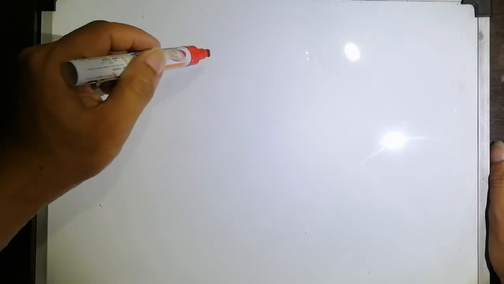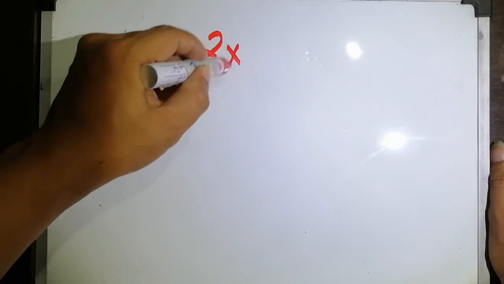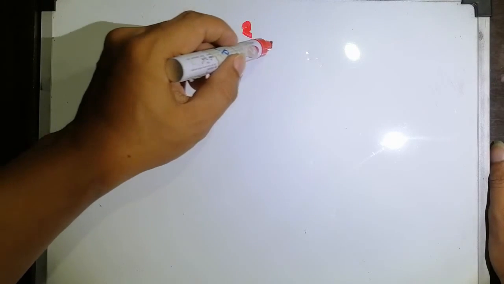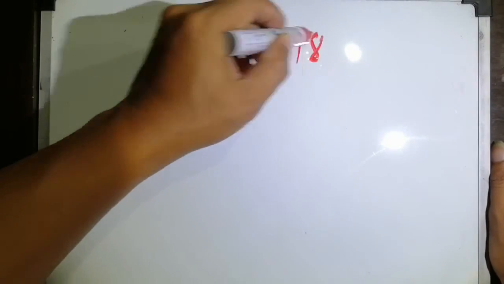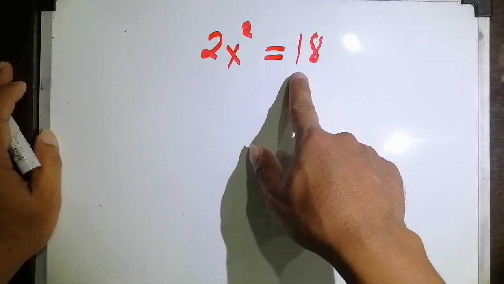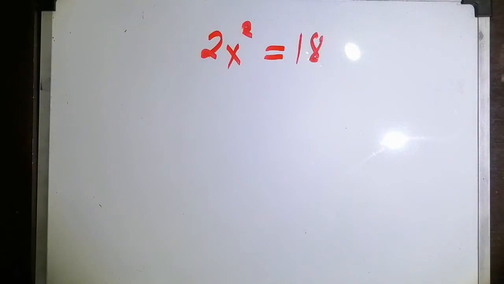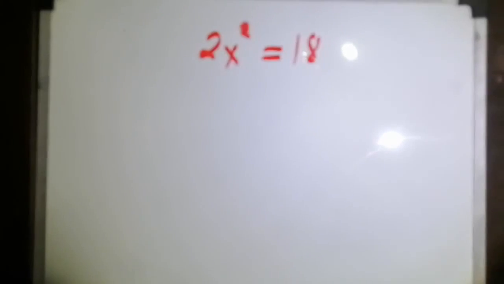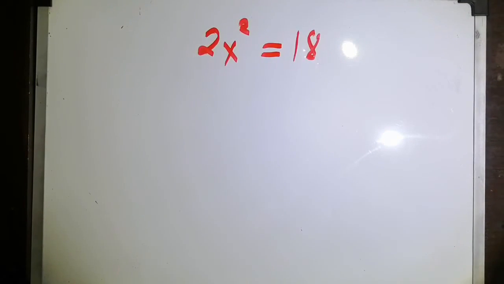Right, so another example if c is greater than 0. Like for example, I have 2x squared equals 18. Okay, so our c is greater than 0, so therefore we have two solutions.